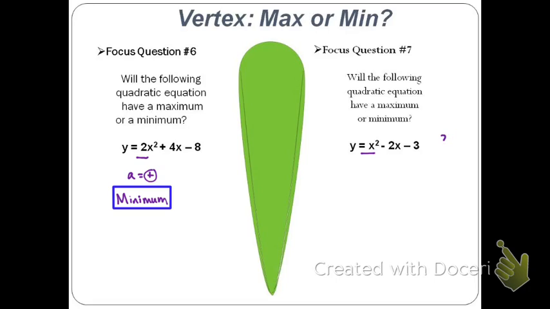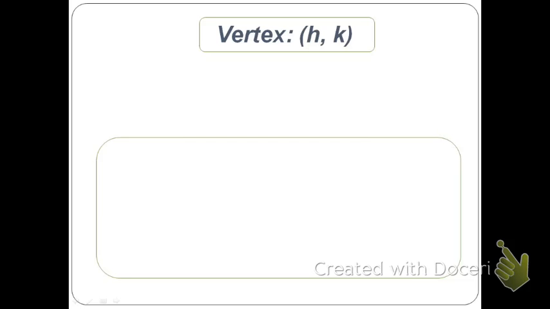Don't forget, this has a coefficient of 1. So, since a is positive, then we have a minimum. Officially got that. So just make a note that opposites are how we are going to identify the max or minimum.